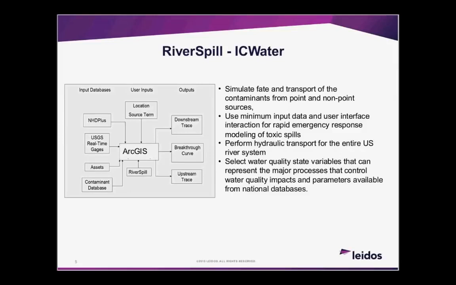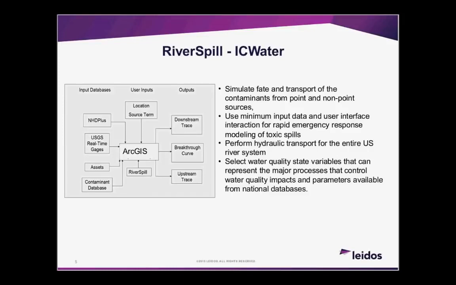That trace can be interrogated at any location to get a breakthrough curve, which is concentration as a function of time. The system can also be run in the reverse direction to look at an upstream trace. So if you had a detection at some site and you're interested in where that might have come from, you can run the model in reverse and start looking at upstream sources of contamination.